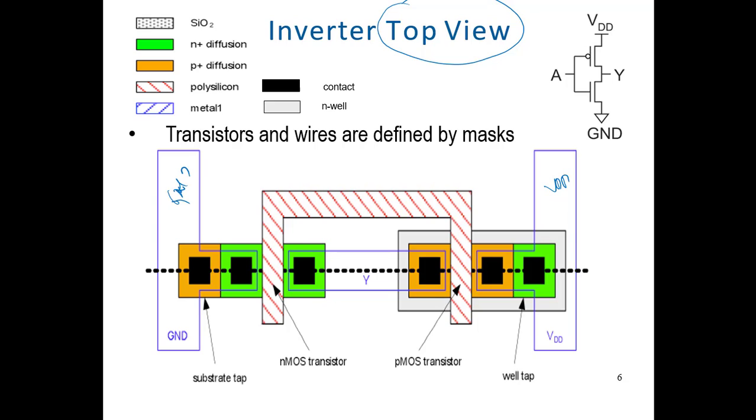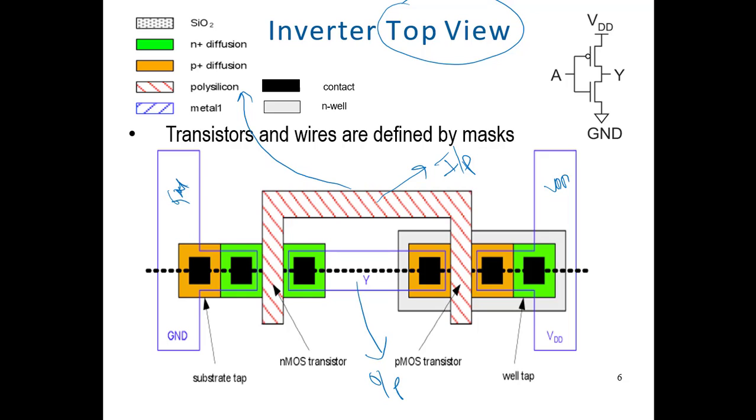And we have these different kinds of lines. So this is our input line. Here this is the polysilicon. You see, it is the legend for this. So here is your input, here is your output.